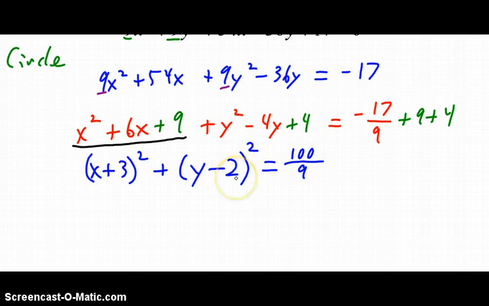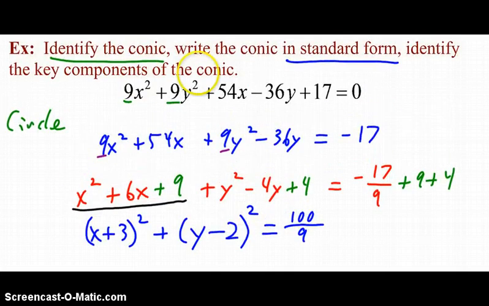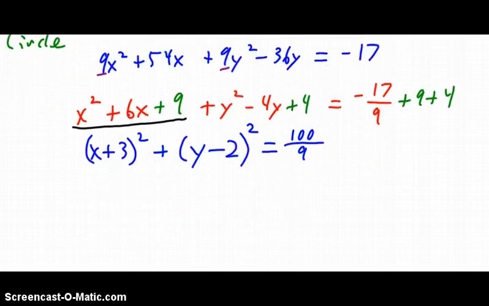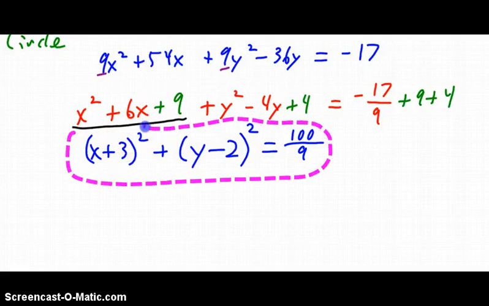So we want to identify our key components as well, because that was the last step. We know it's a circle. This is the standard form. We will circle that with a beautiful dashed purple line. And then we will actually write that the center is the point negative 3, because this is x minus h, so since it's a positive 3, that's negative.